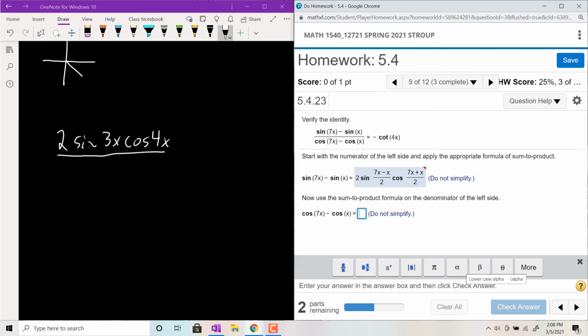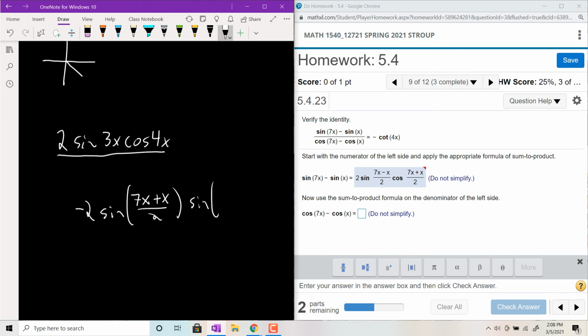Let's try the cosine minus cosine now that I know what I'm doing. So I'll have negative 2 sine of (7x plus x) over 2, in parentheses, times sine of (7x minus x) over 2.